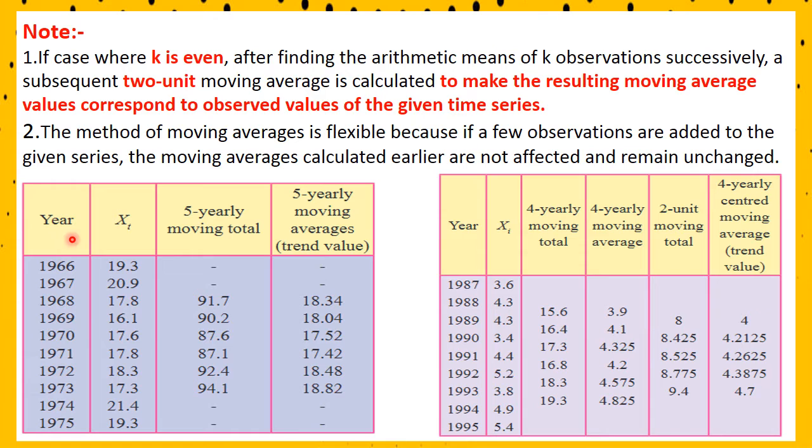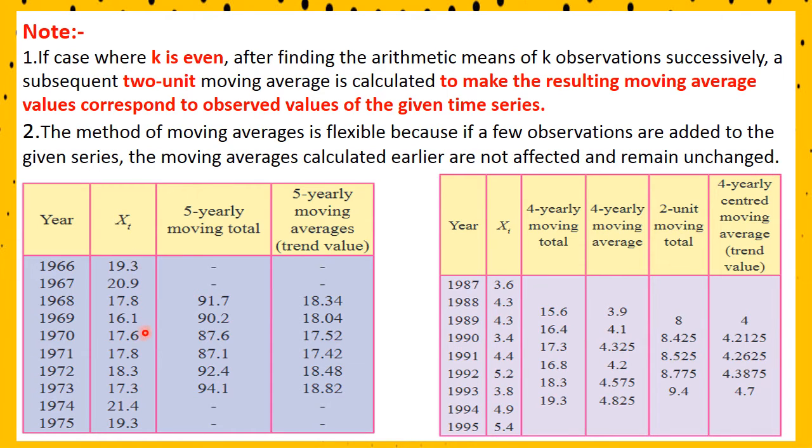Now let us see the examples. Here k is odd, and there k is even. Years are given with the corresponding values of the variable, and a 5 yearly moving average is calculated. First we calculate the total of the first 5 values, 1, 2, 3, 4, 5.